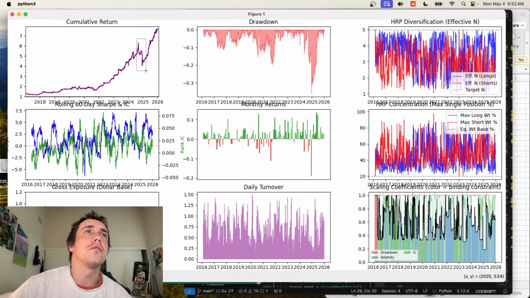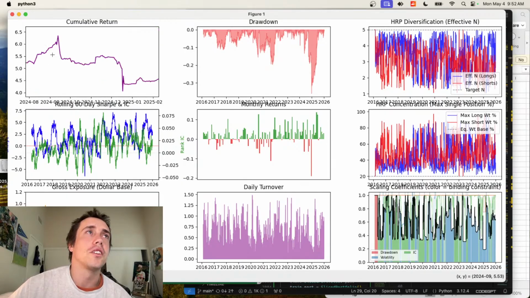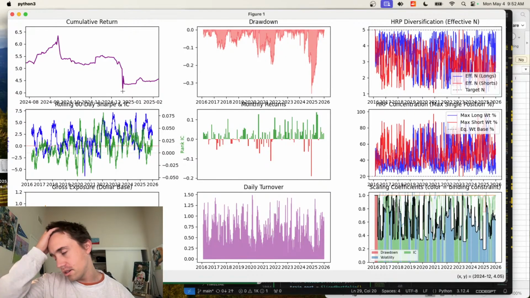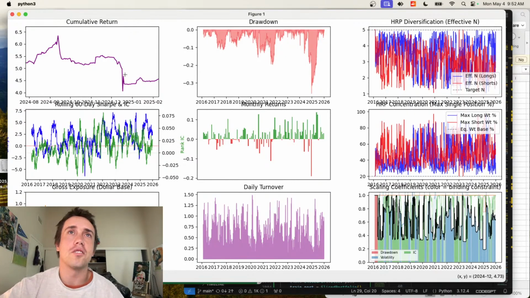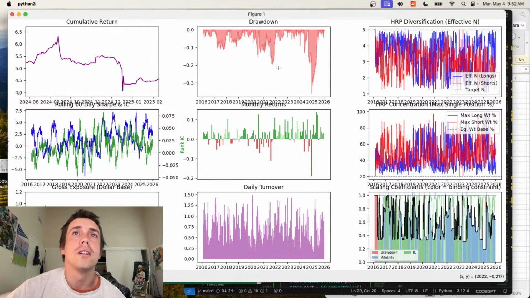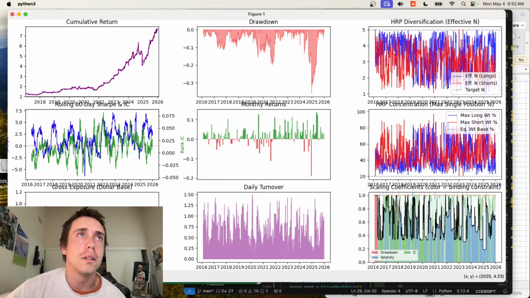I would also have to investigate this drop. What the hell's going on here? It dropped. It was up 6.5x and it dropped down to 4x. That's extreme. And it kept dropping.